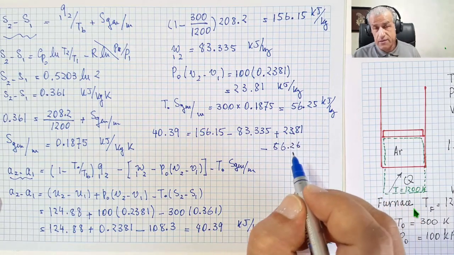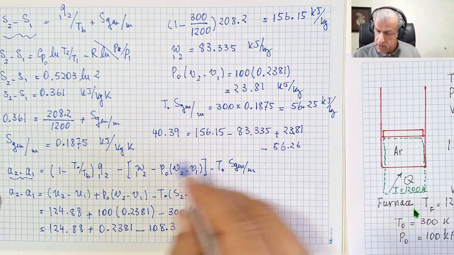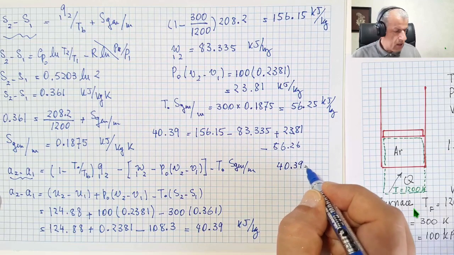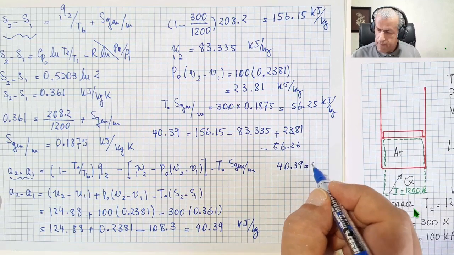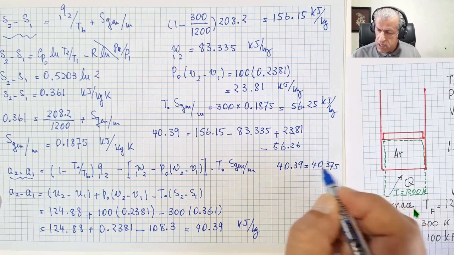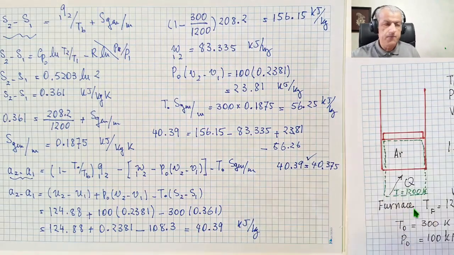This is the availability lost through irreversibilities calculated, and 40.39 would equal 40.375, which is a good enough check for our calculation.